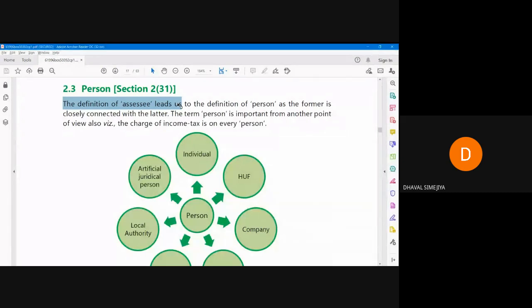Why? Because SSE leads us to the definition of person, as the former is closely connected to the latter. The term person is important from another point of view also: the charge of income tax is on every person.